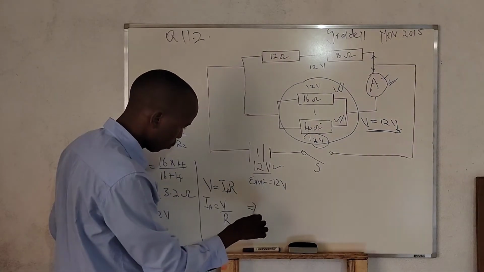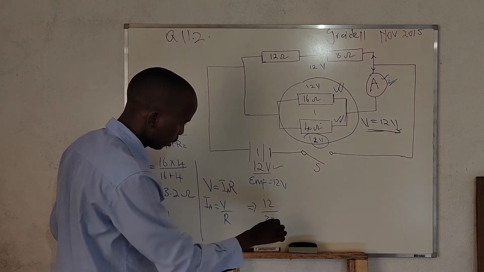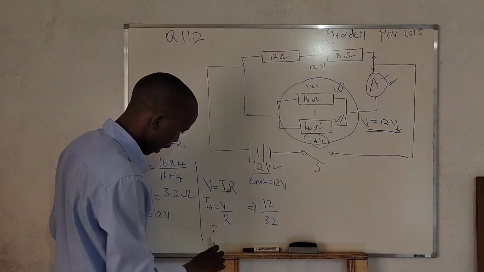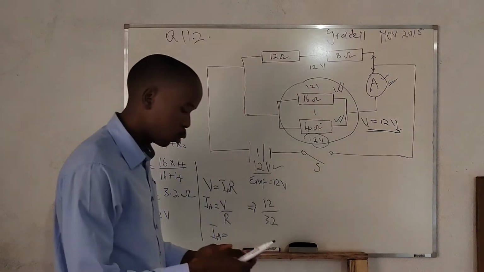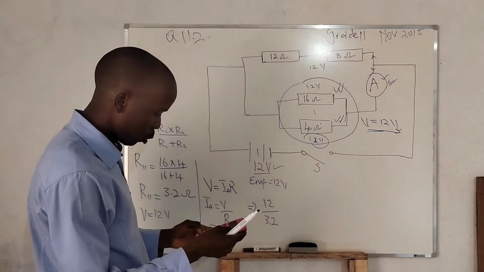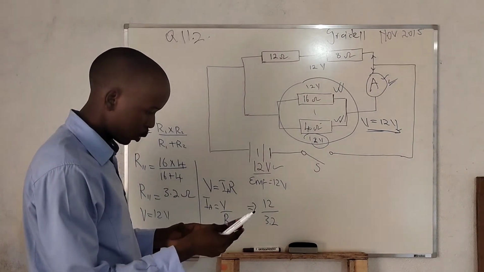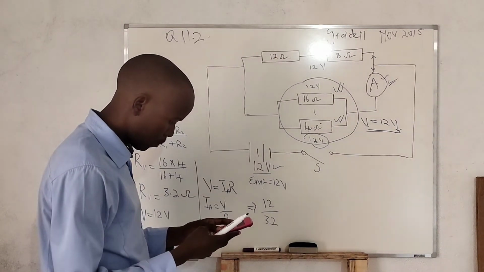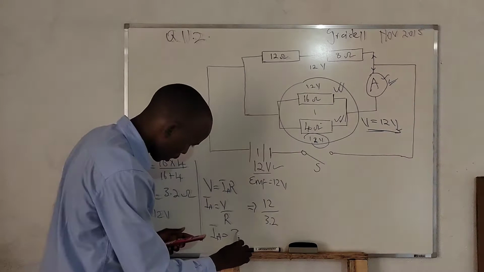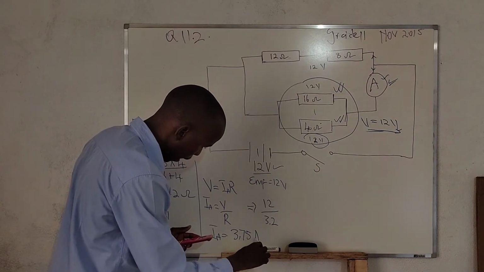So the voltage is 12 divided by 3.2. Let me quickly use my calculator. 12 divided by 3.2. The answer is 3.75 amperes.